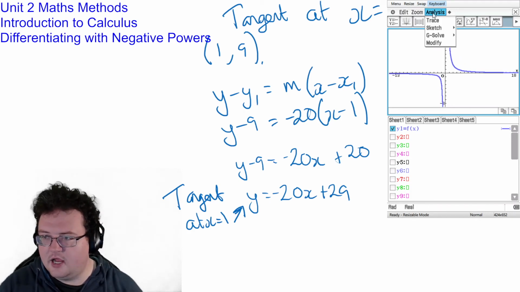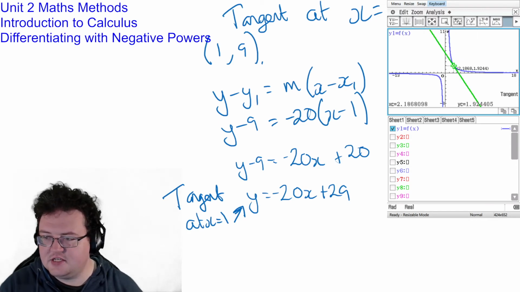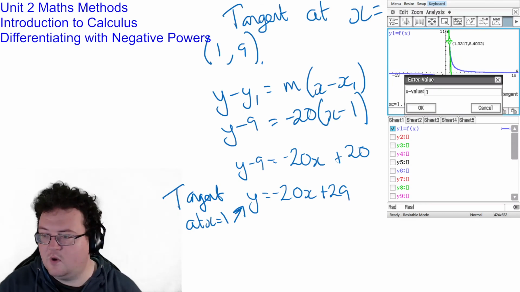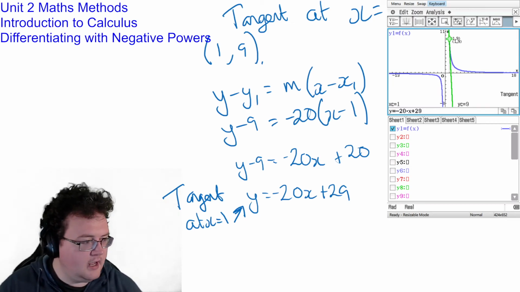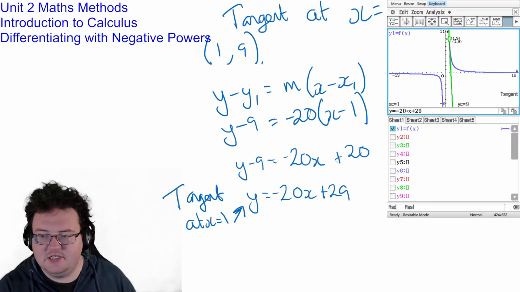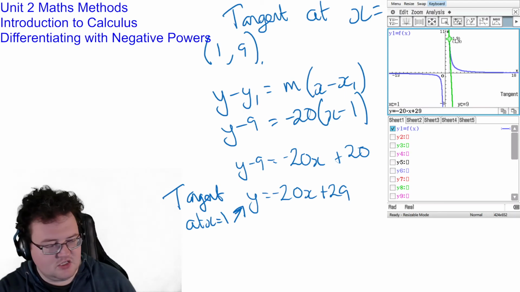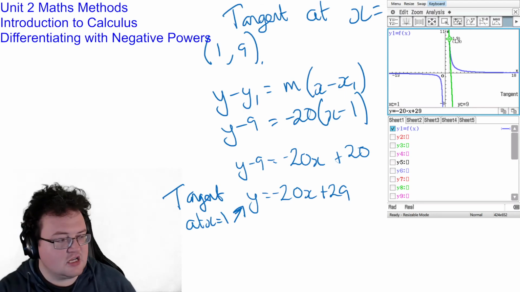And then I can go Analysis, Sketch, Tangent, and I can type in x equals 1. I can hit enter, and it will tell me the answer. The equation of the tangent is minus 20x plus 29. And it even tells me where the point is. It's at point 1, 9.